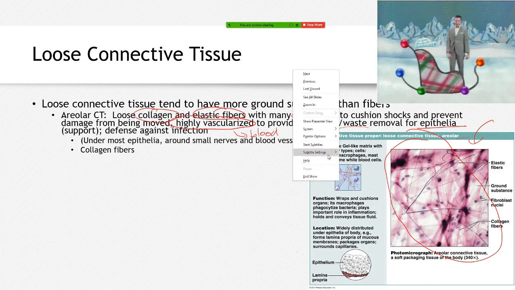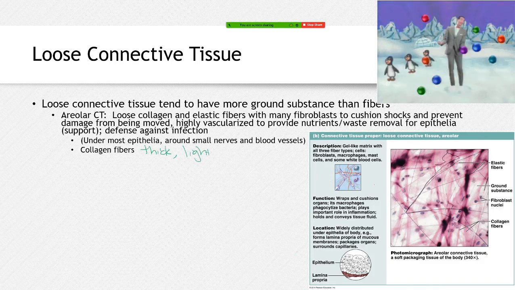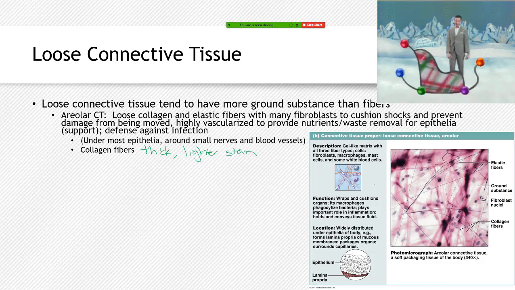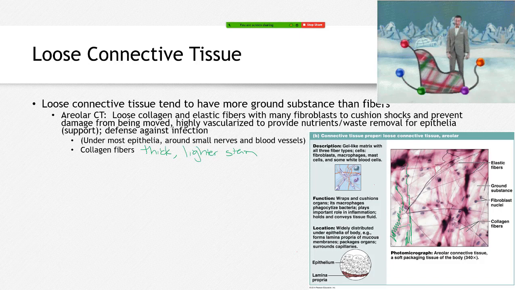When we look at this picture, we're looking at collagen fibers. Remember, collagen fibers are thicker and lighter staining. Here's a collagen fiber right here, and here's another one going up and down. The thinner ones are the elastic fibers.